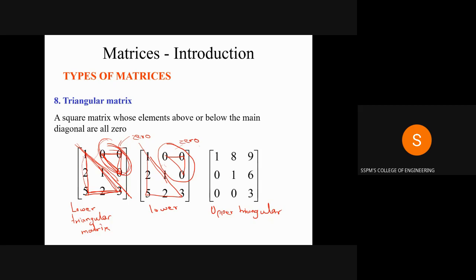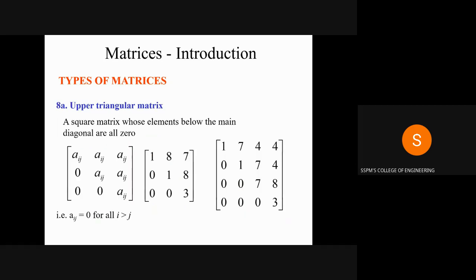You can see that these elements are below the diagonal and these entries are 0. The diagonal entries and the entries above the diagonal are non-zero. Therefore, this is called an upper triangular matrix.